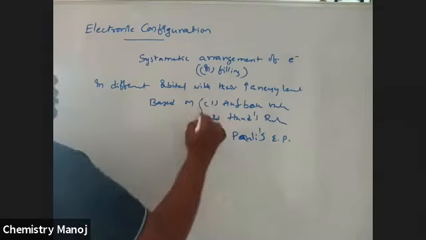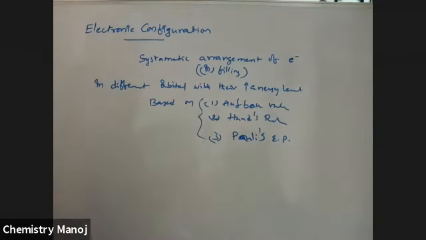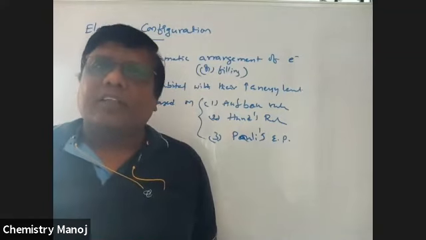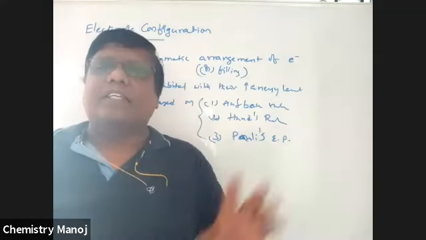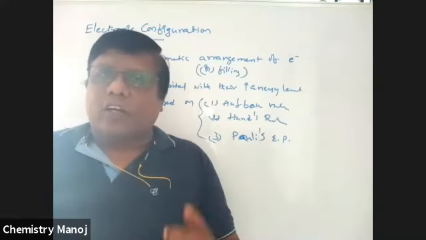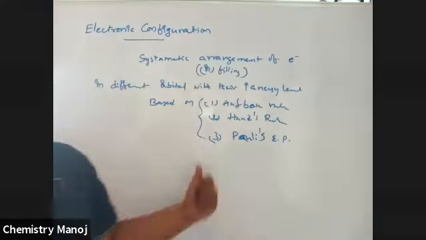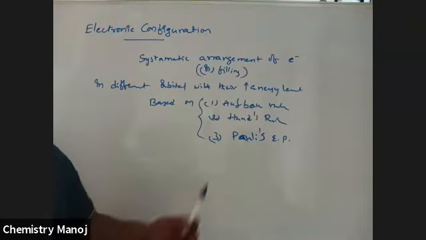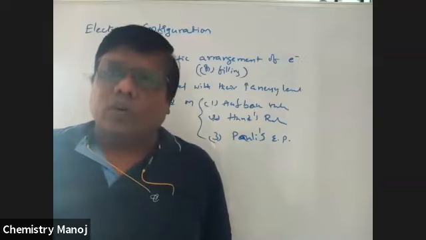Based on these three rules, electrons are arranged in different possible orbitals, possible energy levels. That systematic arrangement is considered as electronic configuration. So if you want to write an electronic configuration, you must know about these three rules: the Aufbau rule, Hund's rule, and Pauli's exclusion principle. Already you know these rules very well.